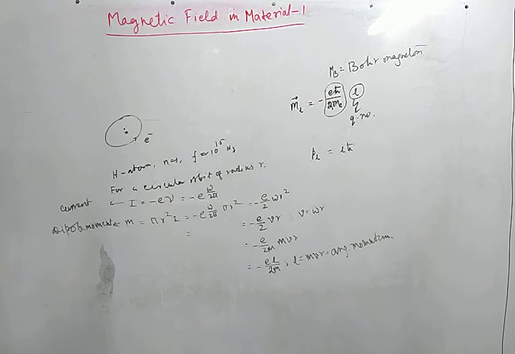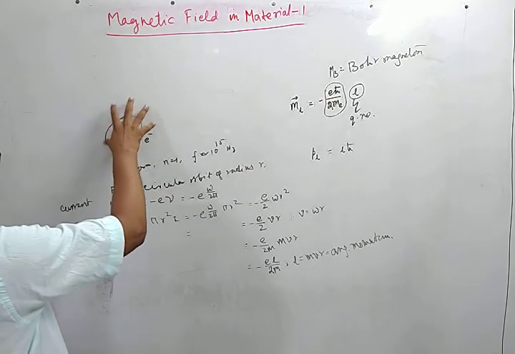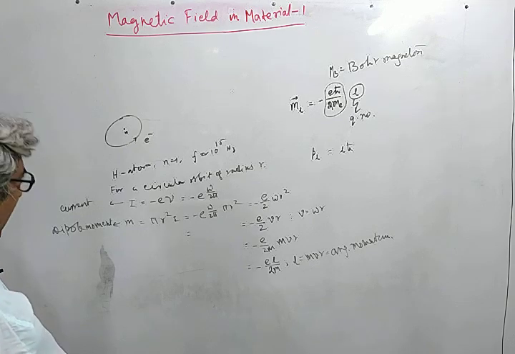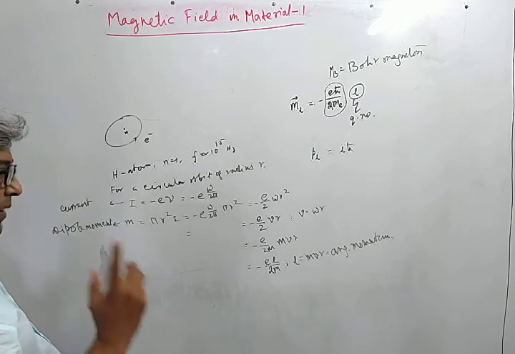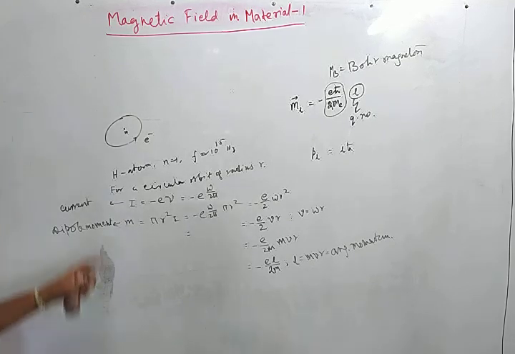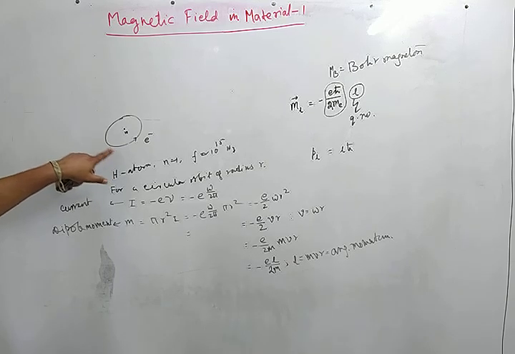These tiny dipoles are oriented in different directions. If we have an assembly of atoms or a single atom comprising a large number of electrons, then each electron produces such a dipole, and these dipoles are oriented in different directions.